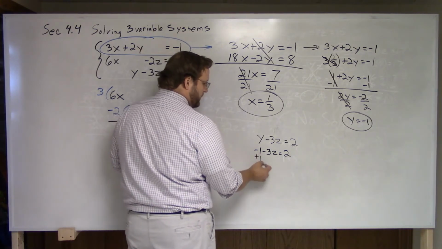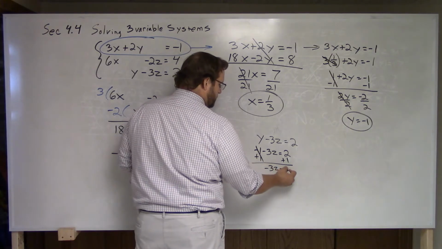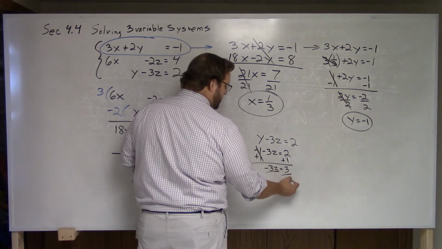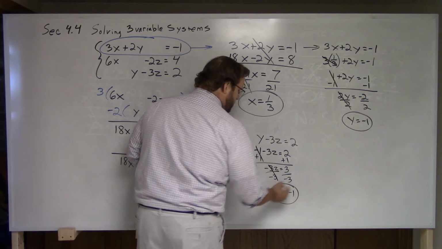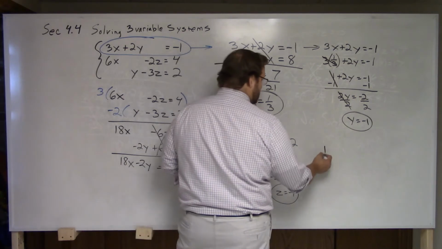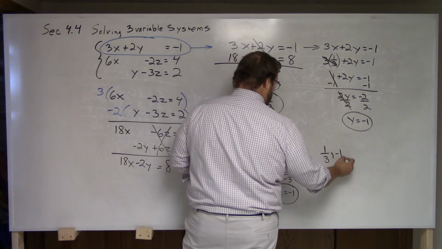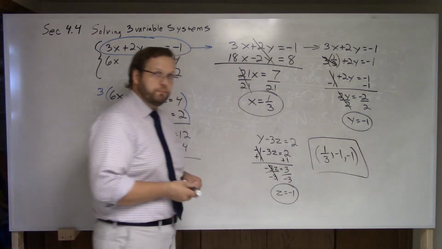I add the 1. And then divide by negative 3. And there's your z. So what I have is x, y, z. And there you go. Okay?